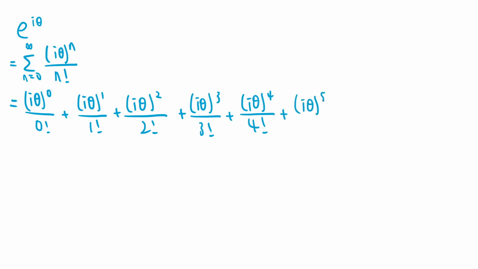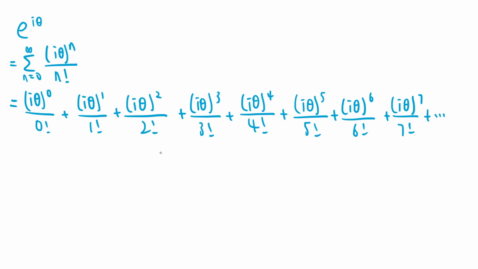So (i theta) raised to the power of 5 over 5 factorial, and I'll continue this until we get to the term (i theta) raised to the power of 7 over 7 factorial. And there's going to be more terms after this, since there's an infinite number of terms in the Taylor series.